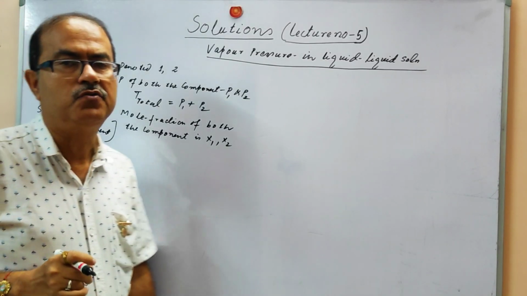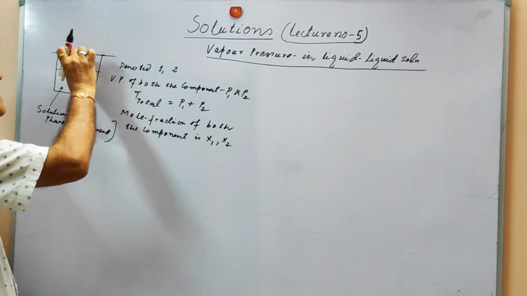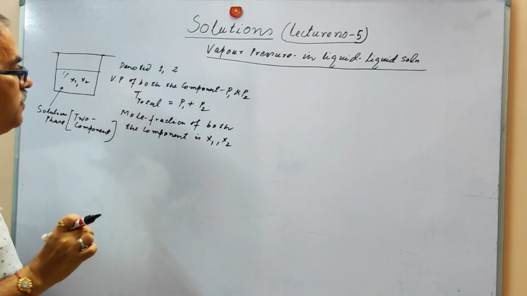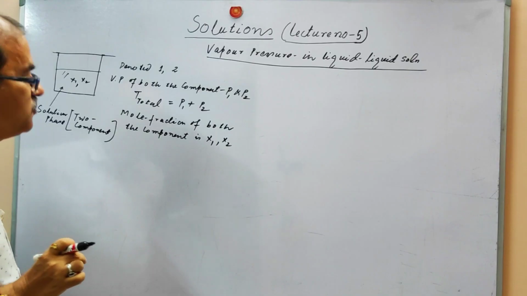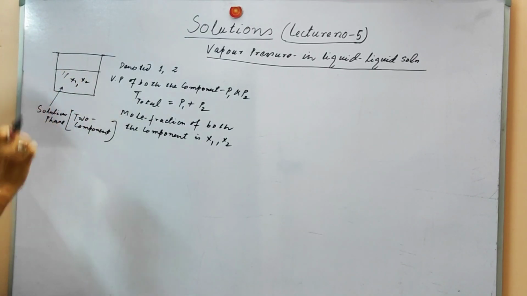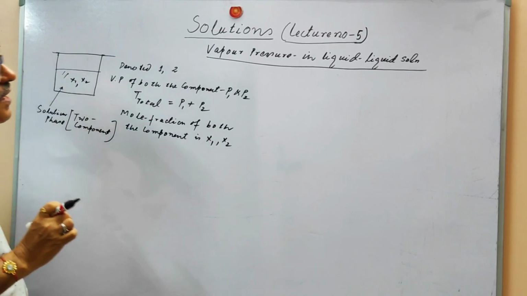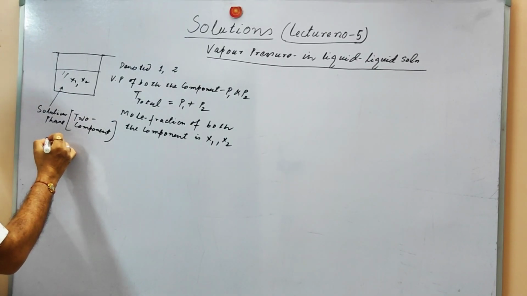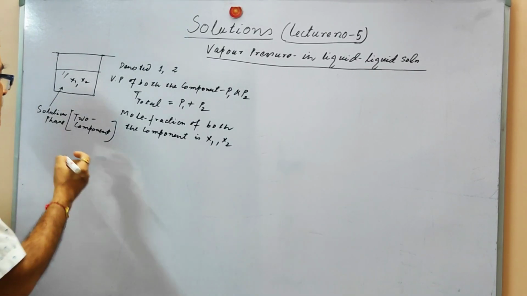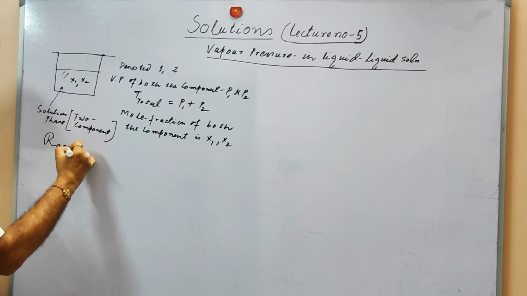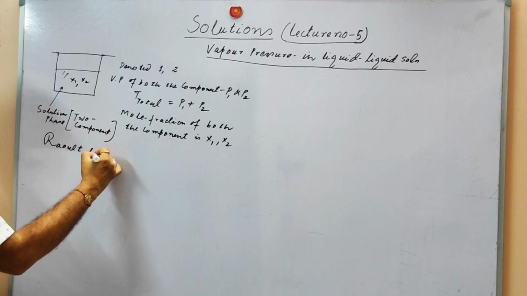There is a correlation between the partial vapor pressures of the two components and the mole fraction of each component in the solution. This relation was given by a scientist, Raoult, and it is called Raoult's law.